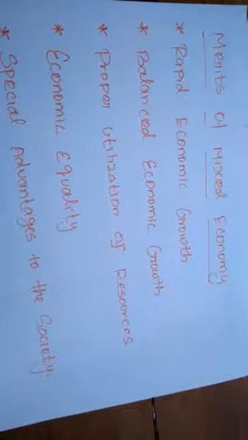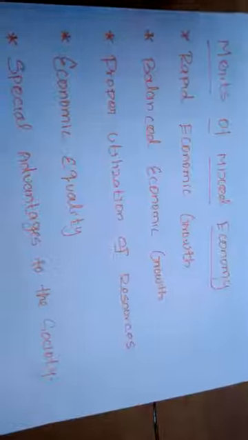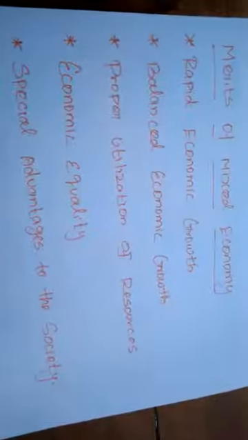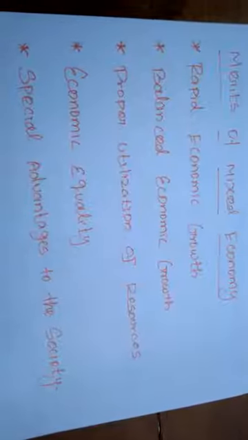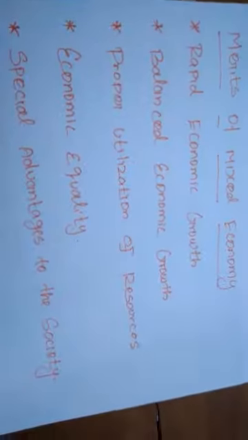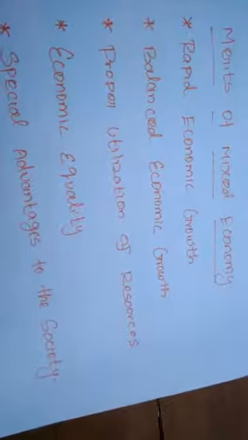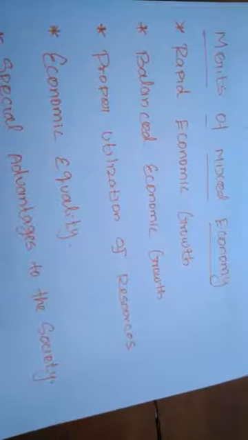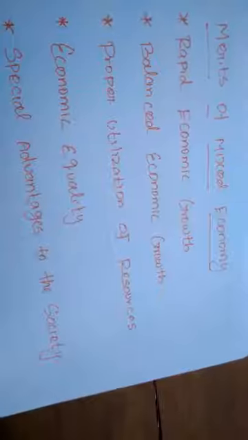Because of the transfer of ownership from government to private or private to government, industries keep moving quickly without having to be set up again. So the demand for commodities will increase, and the living standard of the people will also increase. This way, we can earn rapid economic growth.